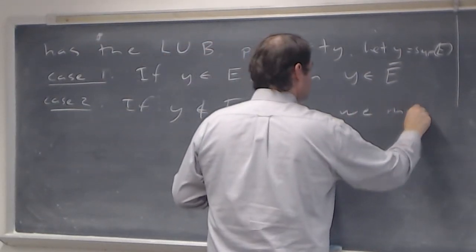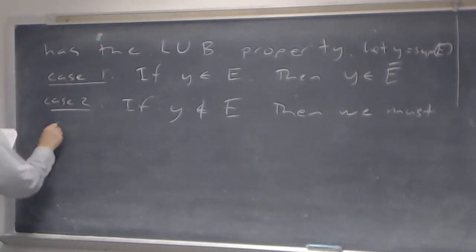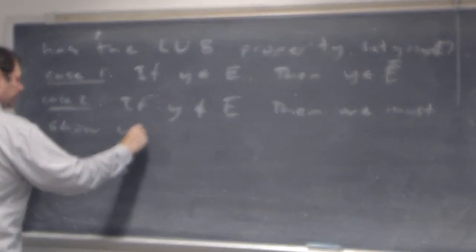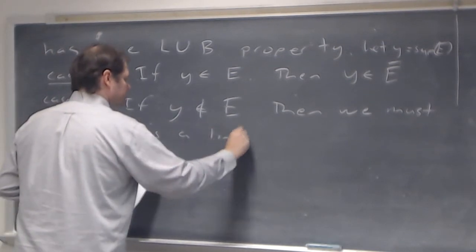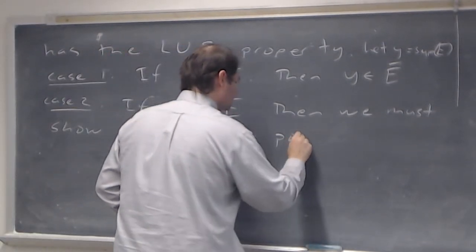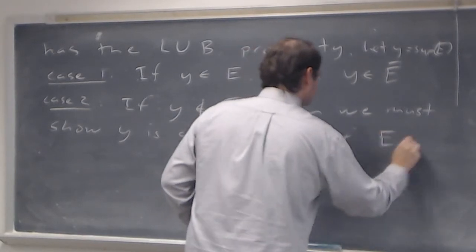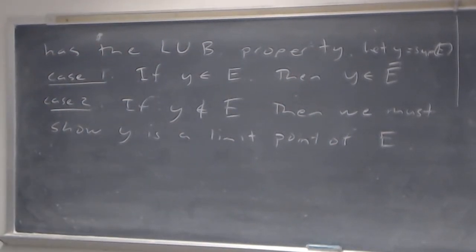So we must show y is a limit point of E. To be a limit point, we have to show that every neighborhood of y contains some point of E that is not y.